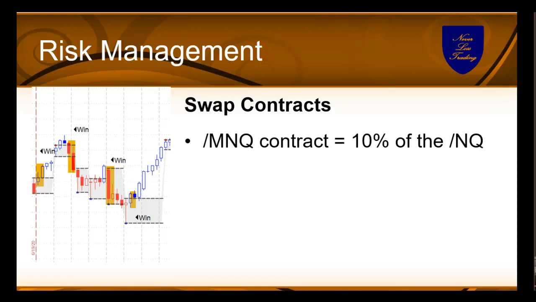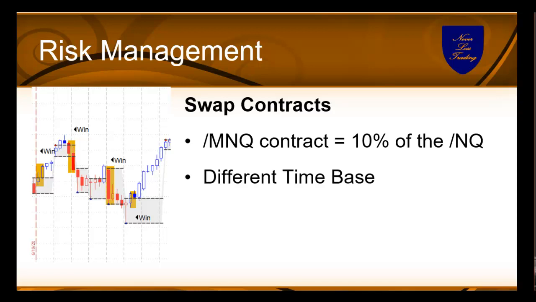We could swap to the micro NASDAQ 100 futures contract, which is just 10%, and so that means prior you had a risk unit of $1,600. When trading with the micro contract, it's $160, 10% of that.